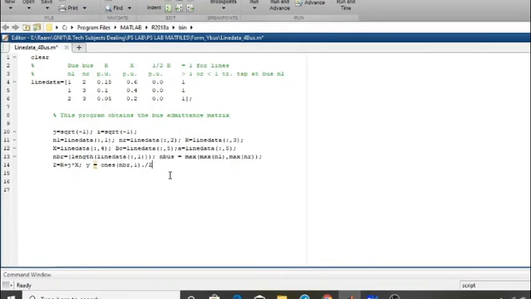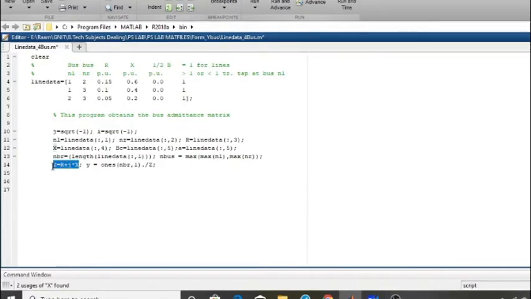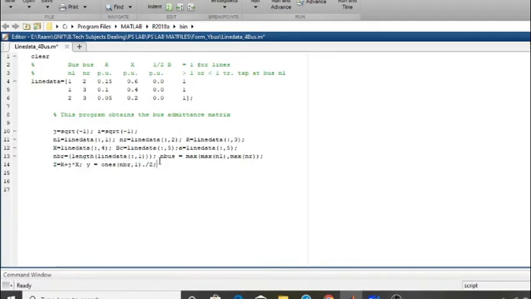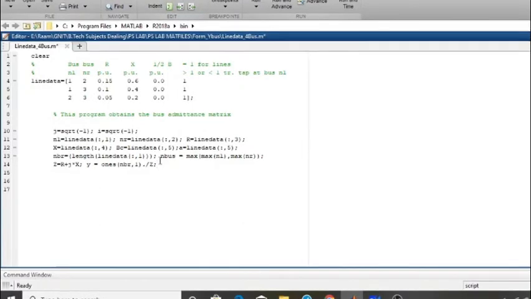This is going to calculate each and every transmission line admittance, and the previous one calculates each and every transmission line impedance. In order to form the bus admittance matrix, we require not impedance but admittance values. So this is about the branch admittance.